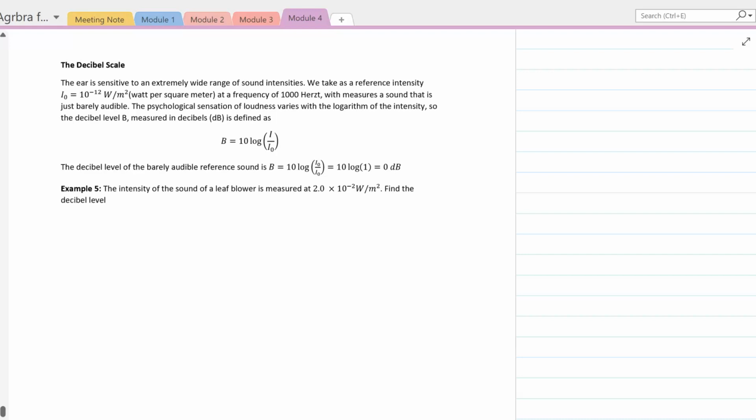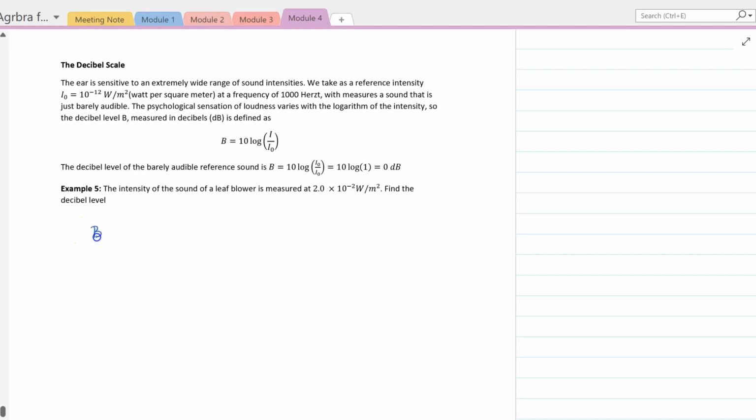The psychological sensation of loudness varies with the logarithm of the intensity, so the decibel level B, measured in decibels, is defined by the given equation. Let's find the decibel level of a leaf blower whose intensity is measured at 2 times 10 to the negative 2 watts per meter squared.